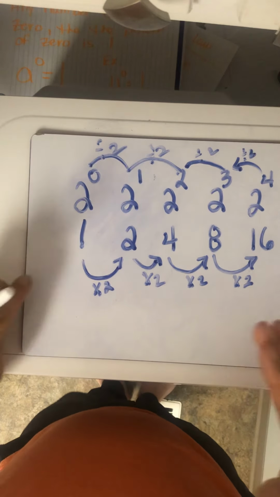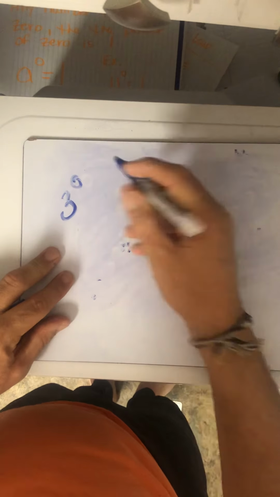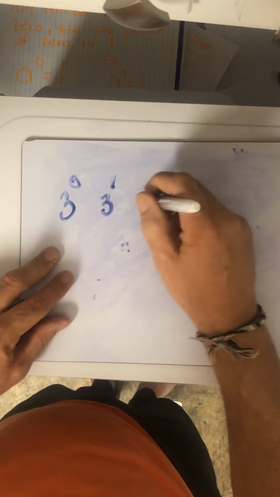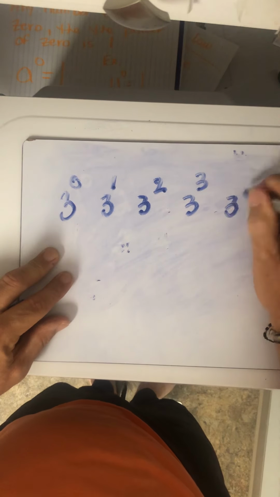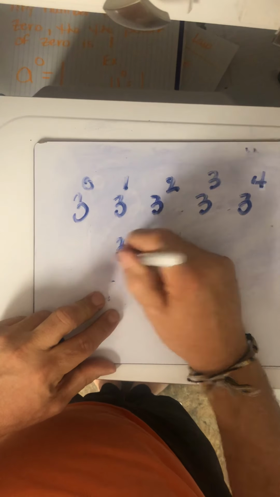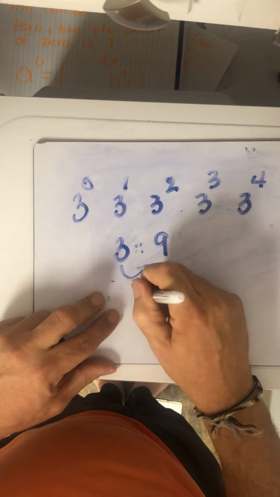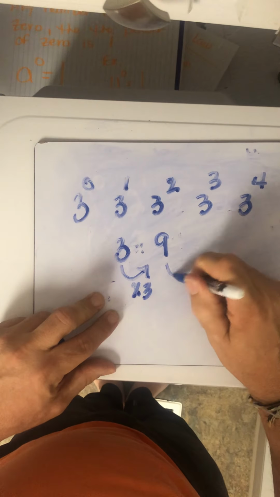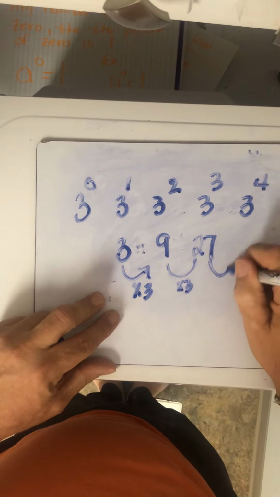Let's see if that works for, say, 3. So we have 3 to the 0 power, 3 to the first, 3 to the second, 3 to the third, 3 to the fourth power. So let's check. 3 to the first power is 3. 3 to the second power is 9. We did times 3. 3 to the third power is 27.